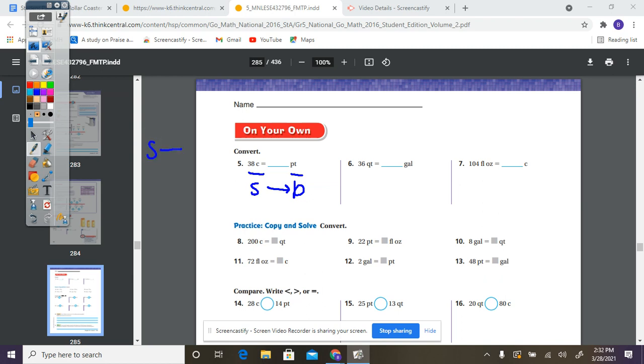When you go from small to big, you divide. Small to big, you divide, okay? So we need to go back and look at our conversion sheet, which I highly suggest you do until you memorize those. You do need to memorize them.